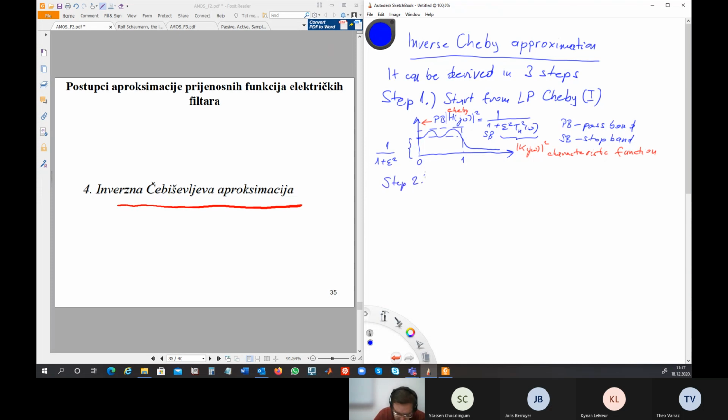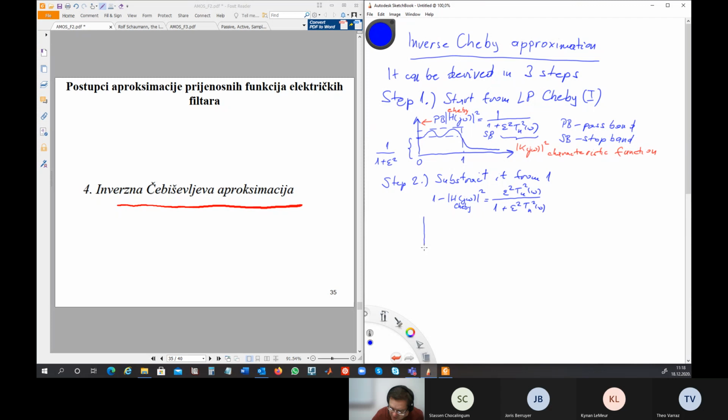Step number 2. Subtract it from 1. Then we have 1 minus H Chebyshev. And then we obtain, you can try it, it's very simple, something like this.